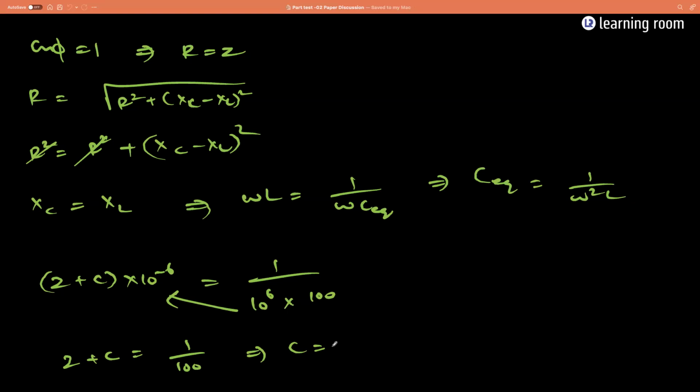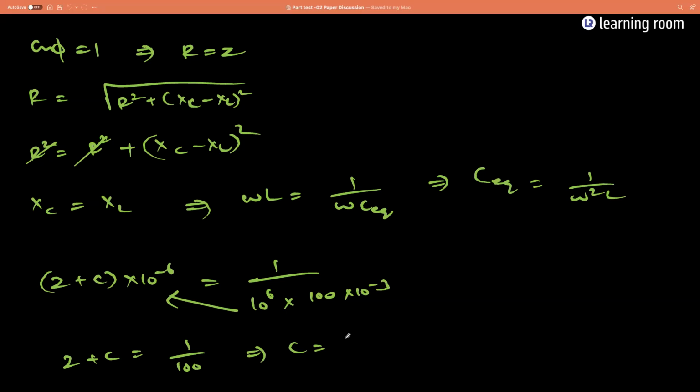So C should be equal to how much? How am I getting a negative value? L is how much? 100 millihenry. 100 into 10 power minus 3.